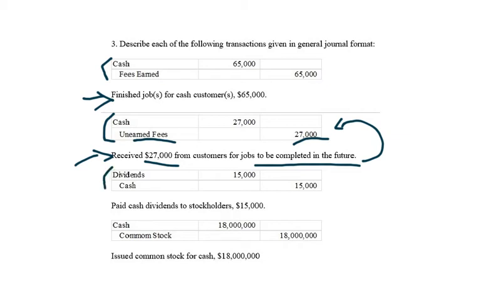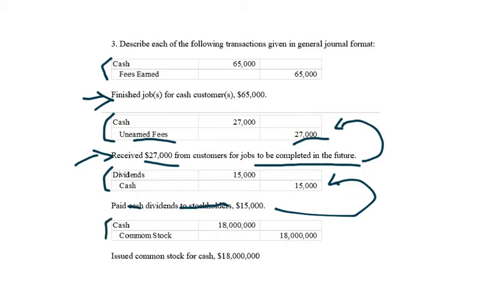Right, for this one, dividends debit, cash credit, there's not a lot of variance for how you describe it. Paid cash dividends, or, because it's the only type of dividend we're going to deal in this class anyway, I could simplify this to paid dividends, $15,000, and that would be fine. Two words, one number, and you're done, because that is exactly the transaction I would book: debit dividends, credit cash.